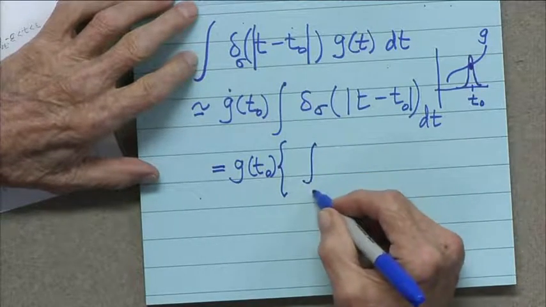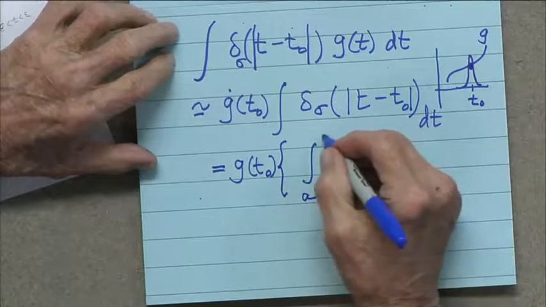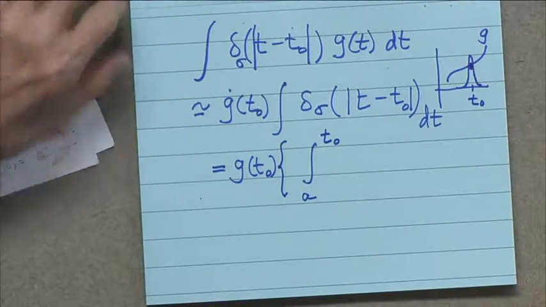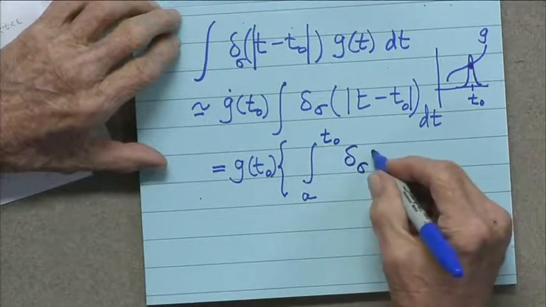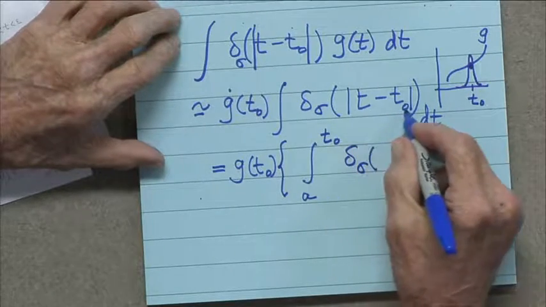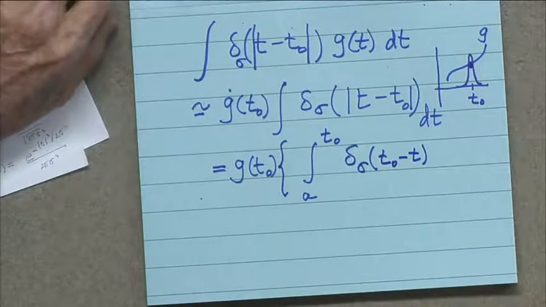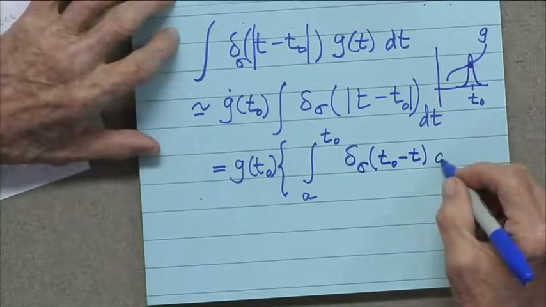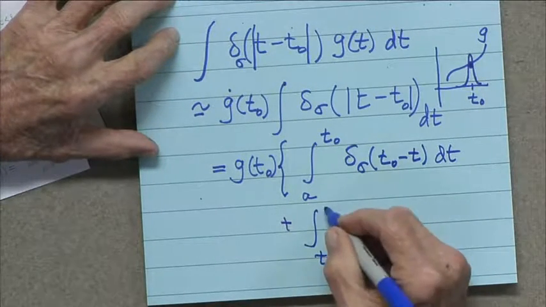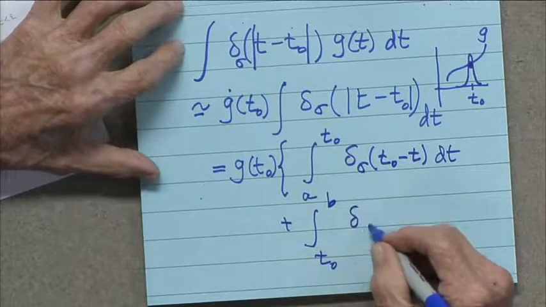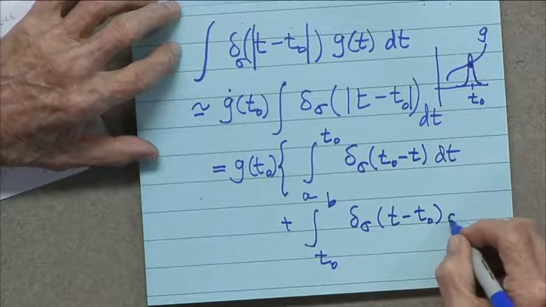So this will be the integral from a to t0 of delta sigma, t is less than t0, so it's t0 minus t, dt, plus the integral from t0 to b of t minus t0 dt.